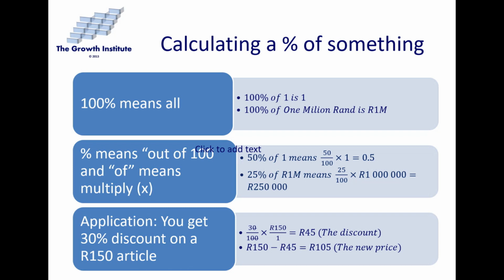Now, percentage, I already said to you, means a part out of 100. And "of" always means multiply. So 50% of 1 means 50 divided by 100 times 1, and that is 0.5. 25% of a million means 25 divided by 100 multiplied by a million, which gives you 250,000.